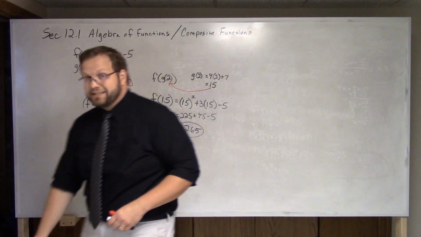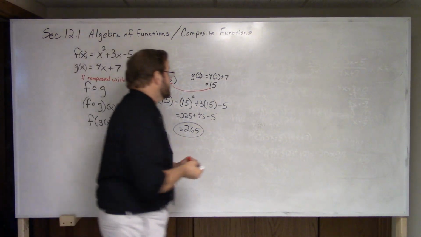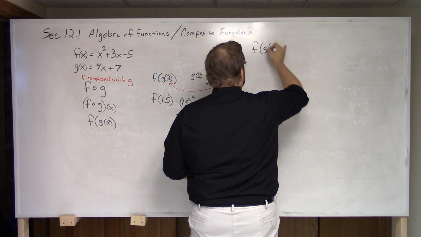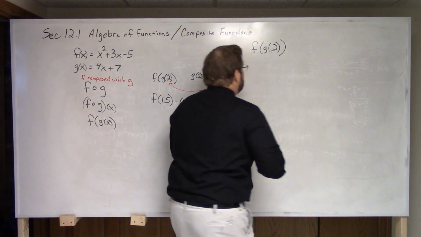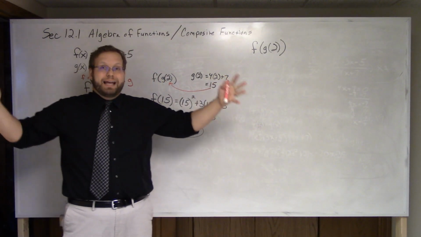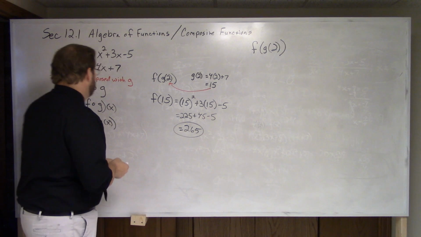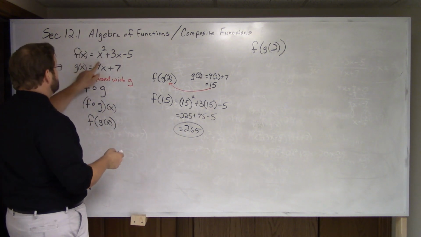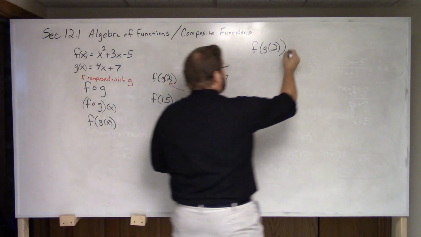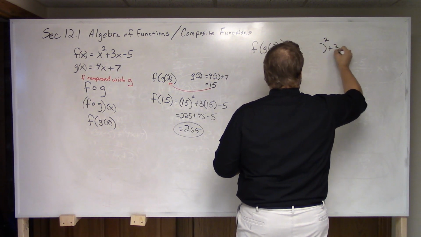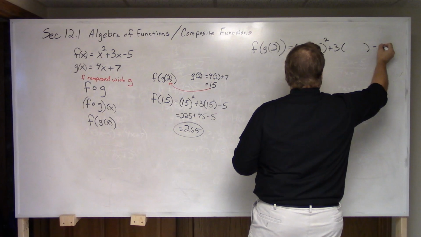is to build the entire thing at once. So what do I mean by that? If I have f of g of 2, I always work from the outside in. So I'm going to start with the function f. Now the function f is this whole thing here. So I have x squared plus 3x minus 5.